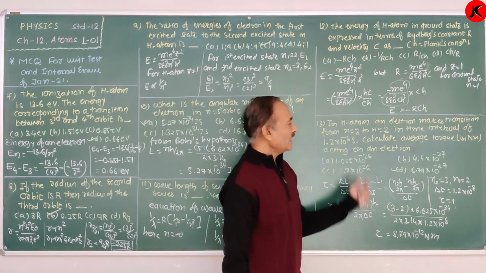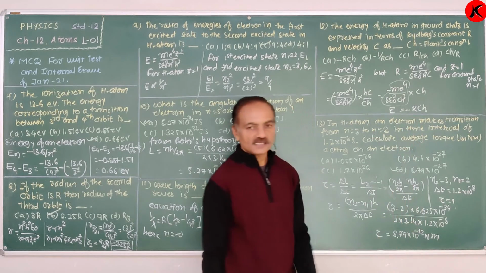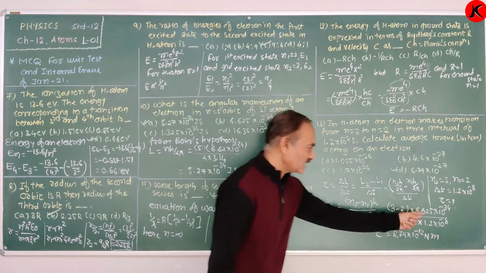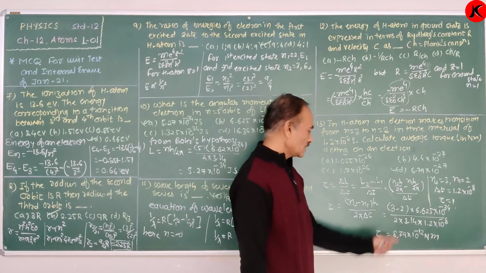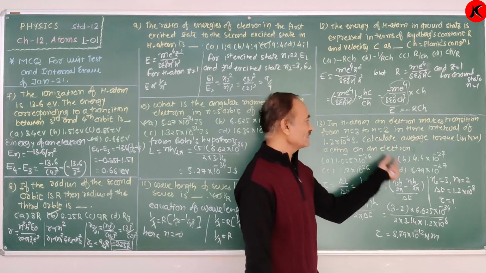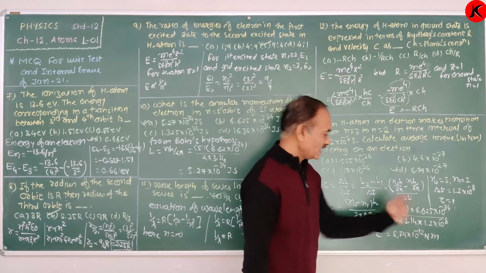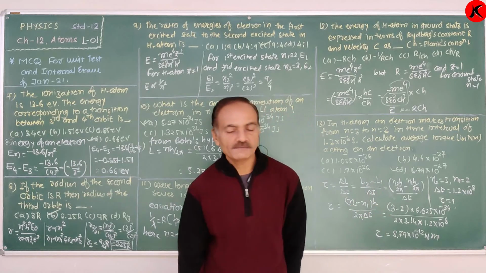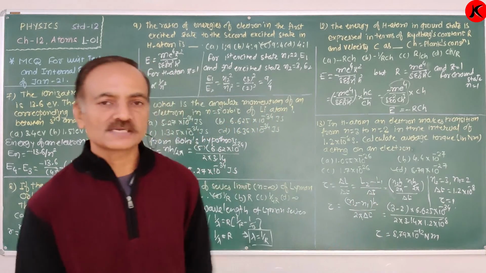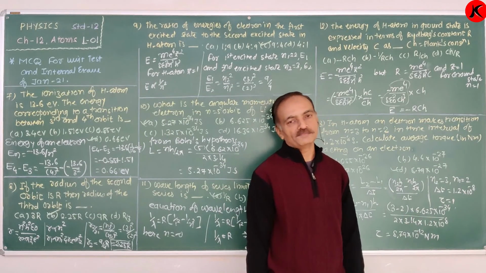Substitute the values n2 is 3, n1 is 2, h Planck's constant 6.625 into 10⁻³⁴ upon 2 pi, 3.14. Delta t, time interval is given, 1.2 into 10⁻⁸. When this is simplified, we obtain the answer 8.79 into 10⁻¹² newton meter.